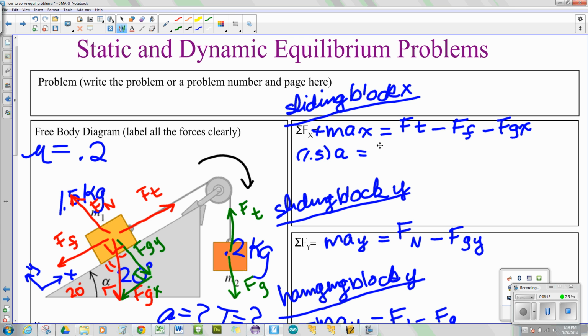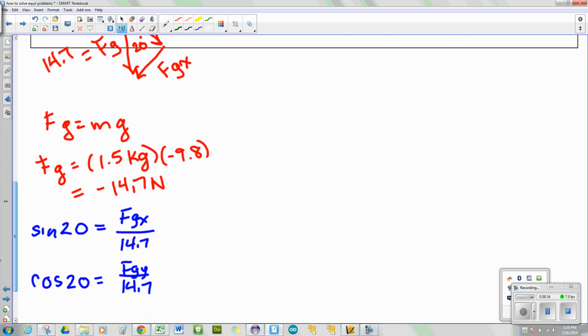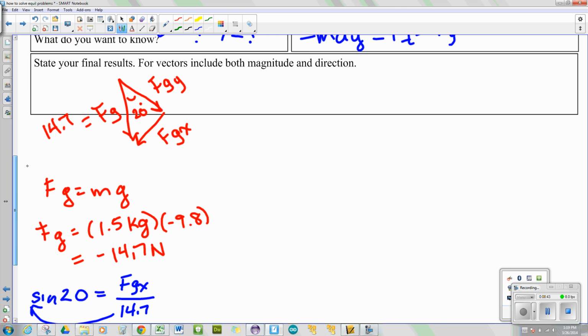Equals Ft, don't know what that is, minus, we know this is true from when we studied the force of friction, so I'm going to substitute in mu Fn for my Ff right here, minus Fgx. We go down here, and I solve for Fgx. This gets multiplied by both sides, so I get 14.7 sine of 20 like that.